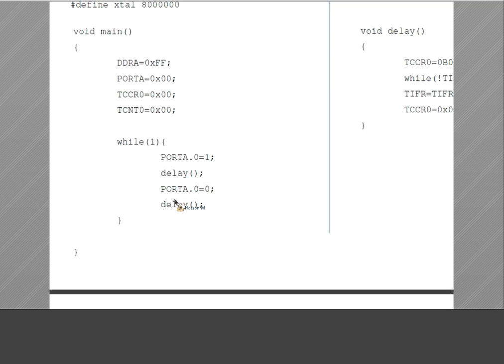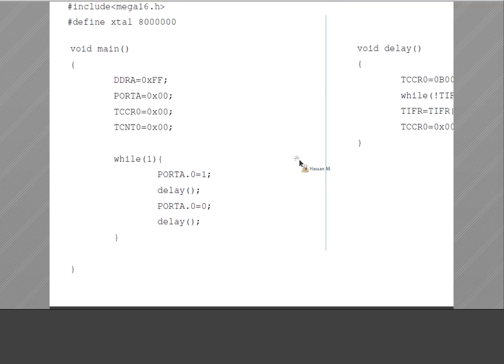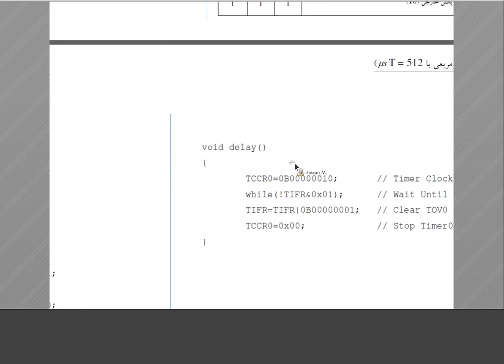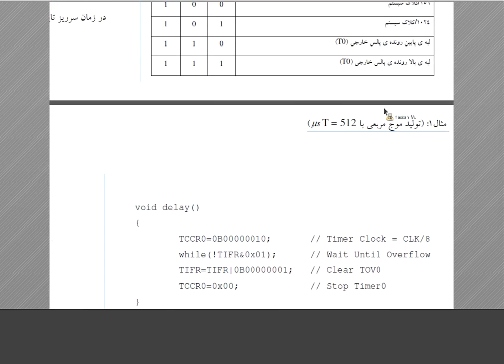Another delay means another 256 microseconds. All of these items together make a clock pulse, a total of 512 microseconds. That's right. Here we are generating a clock pulse with 512 microseconds.